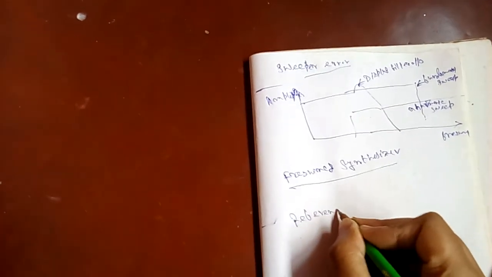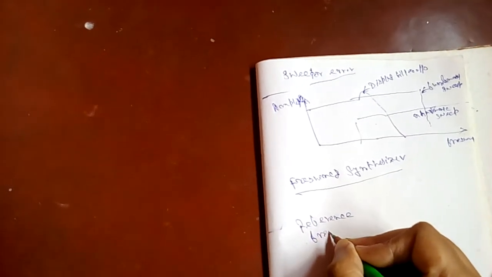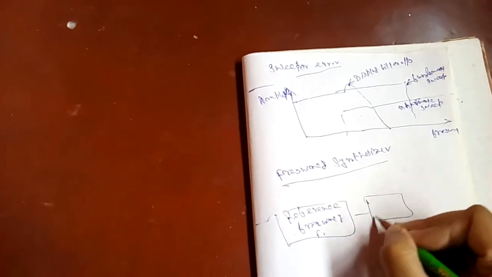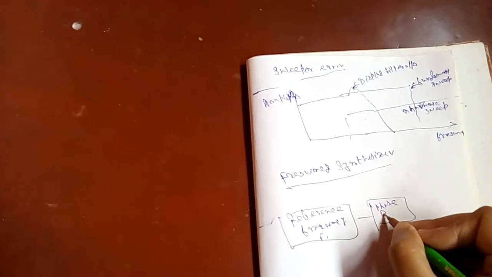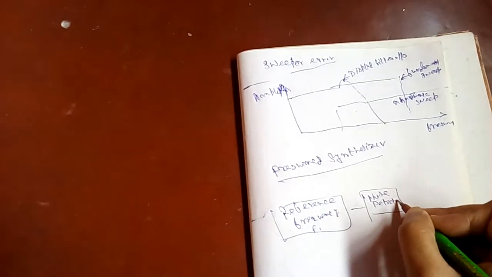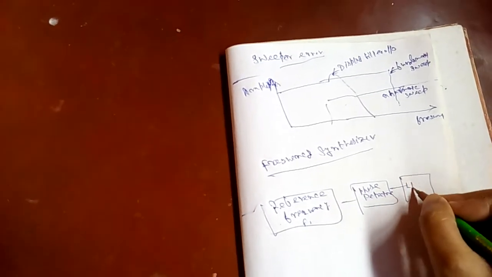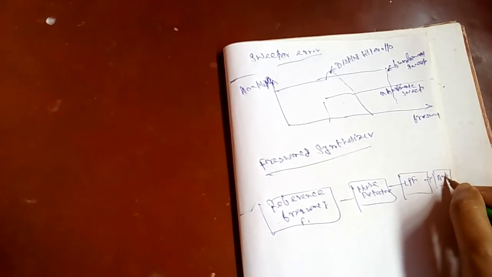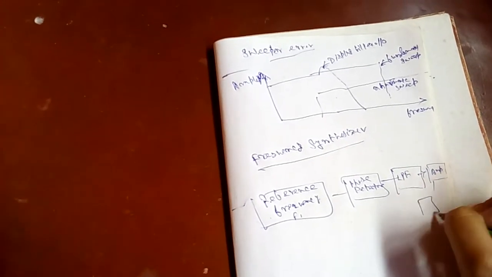So if we see the indirect frequency synthesizer, what is the block diagram? First, the reference frequency. Suppose this is the reference frequency F1, and it goes to the phase detector, which detects the phase, then a low pass filter, then an amplifier, then the voltage controlled oscillator VCO.